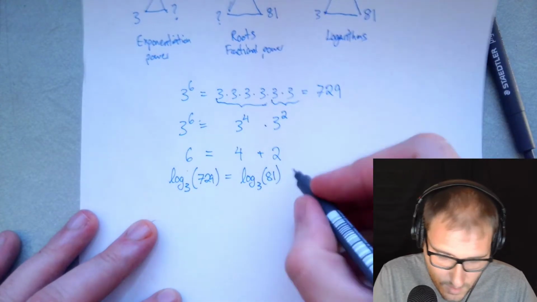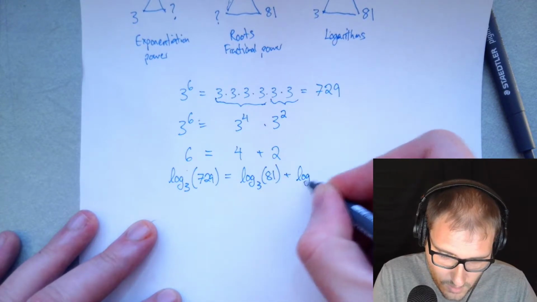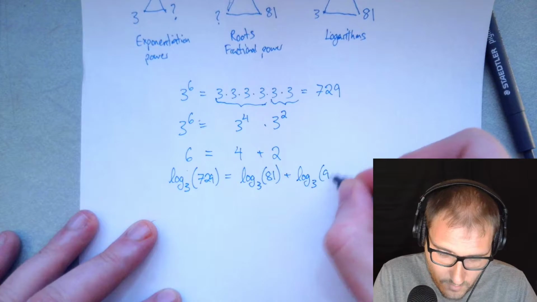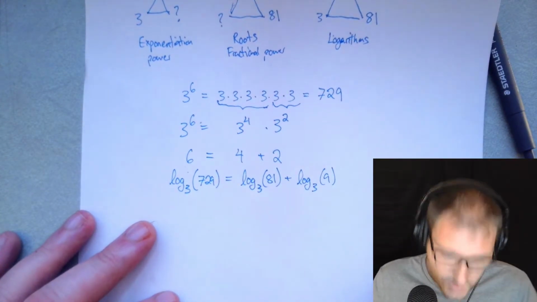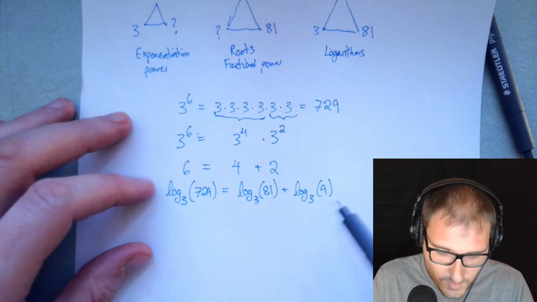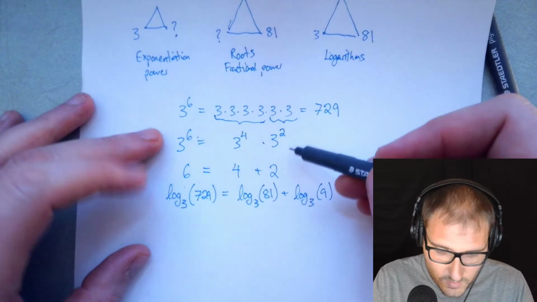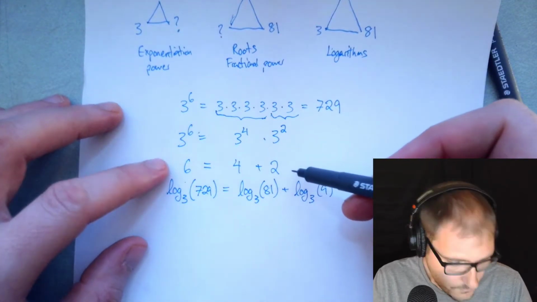We did that up there. Plus 2 is log base 3 of 9. So you might get a sense for what logs are doing here and what they're good for. They're basically turning multiplication and exponentiation into addition.